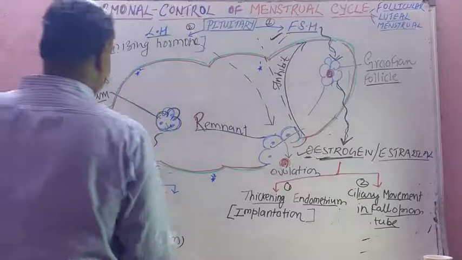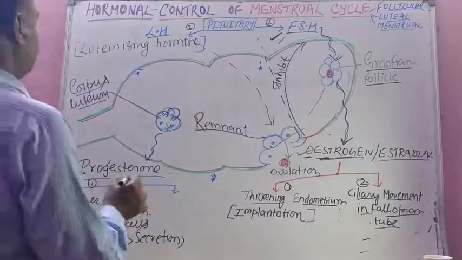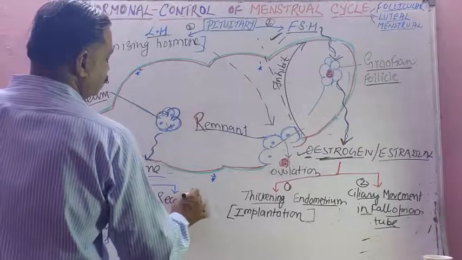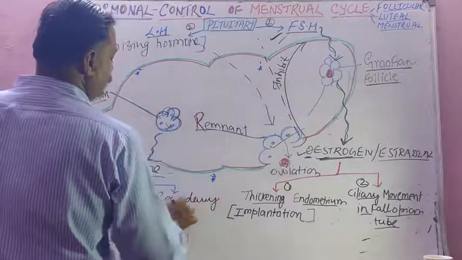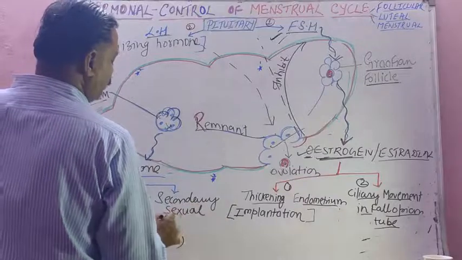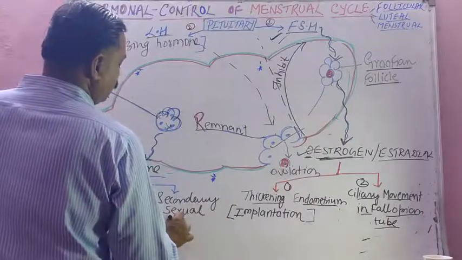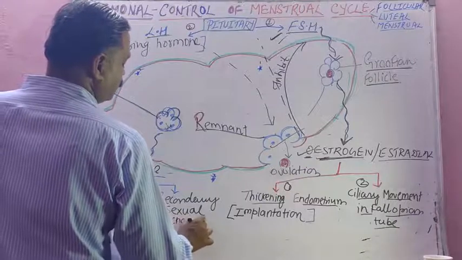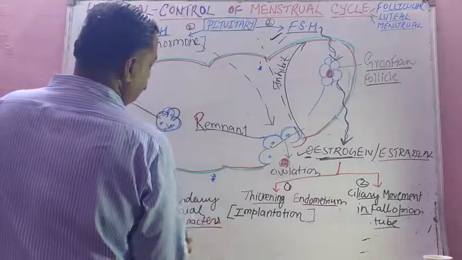And the second important function of progesterone is development of secondary sexual characters in females. In class 10th you have studied the development of secondary sexual characters in females, isn't it?